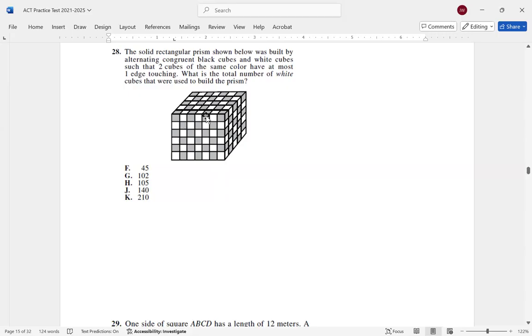So there's 1, 2, 3, 4, 5, 6, 7, 8, 9, 10, 11, 12, 13, 14, 15, 16, 17, 18, 19, 20, 21 white cubes on the first face.